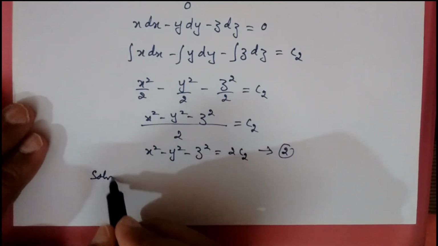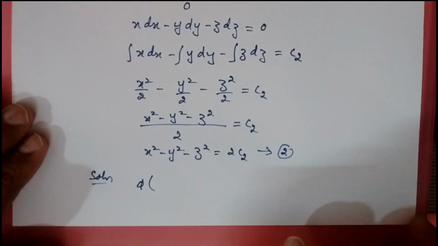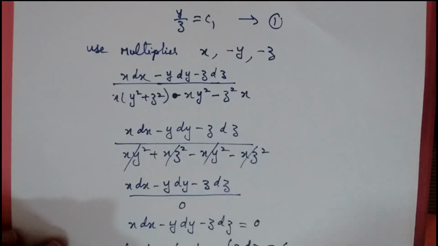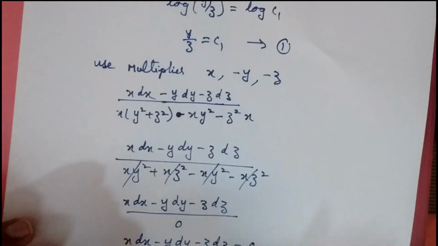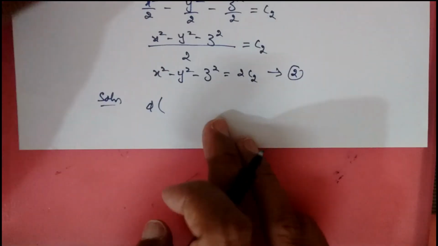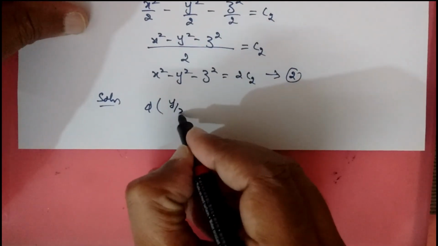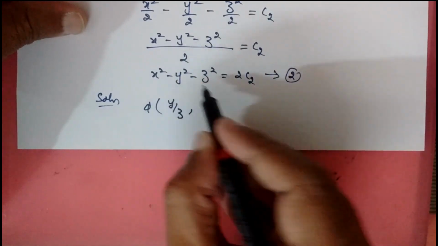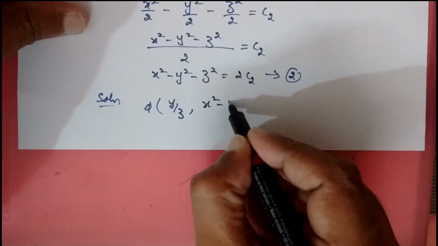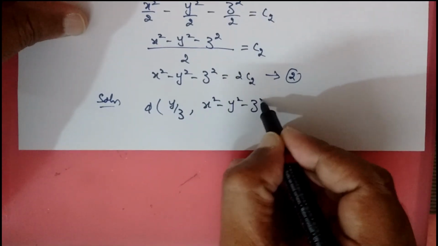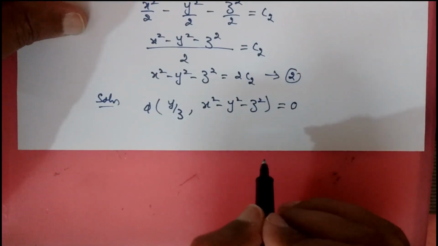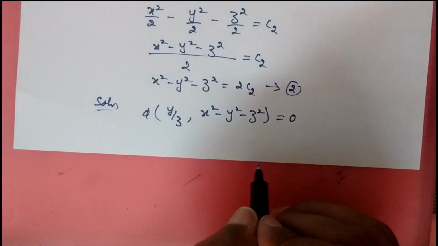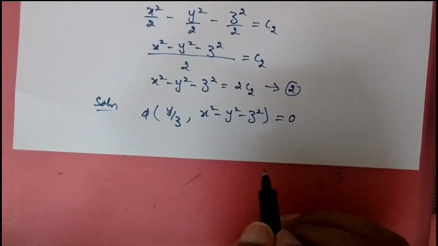So the final solution will be the first solution, which is equation number 1, y by z equal to c1, and the next solution, x square minus y square minus z square is equal to c2. That gives you the solution for the problem. Thank you.